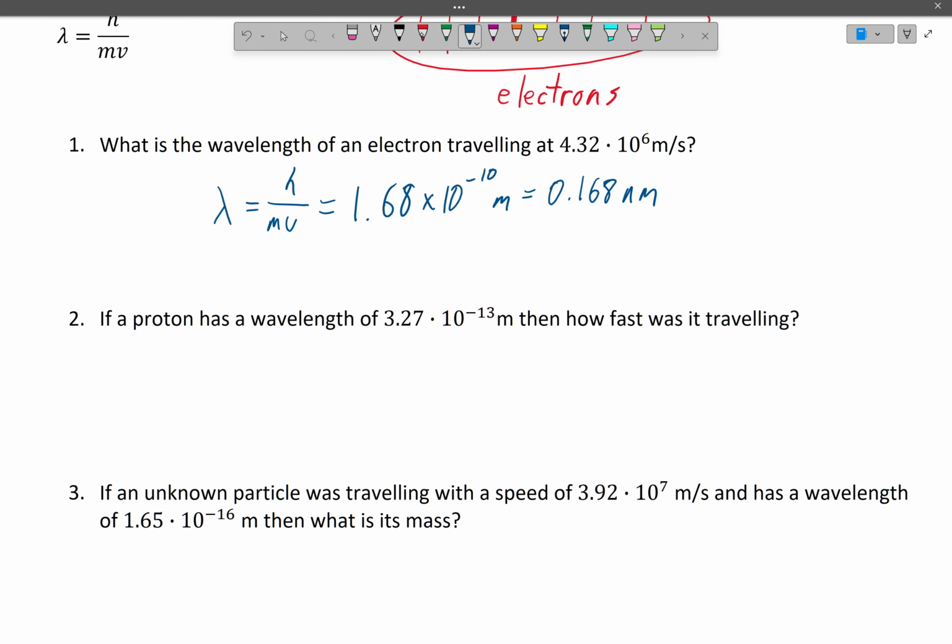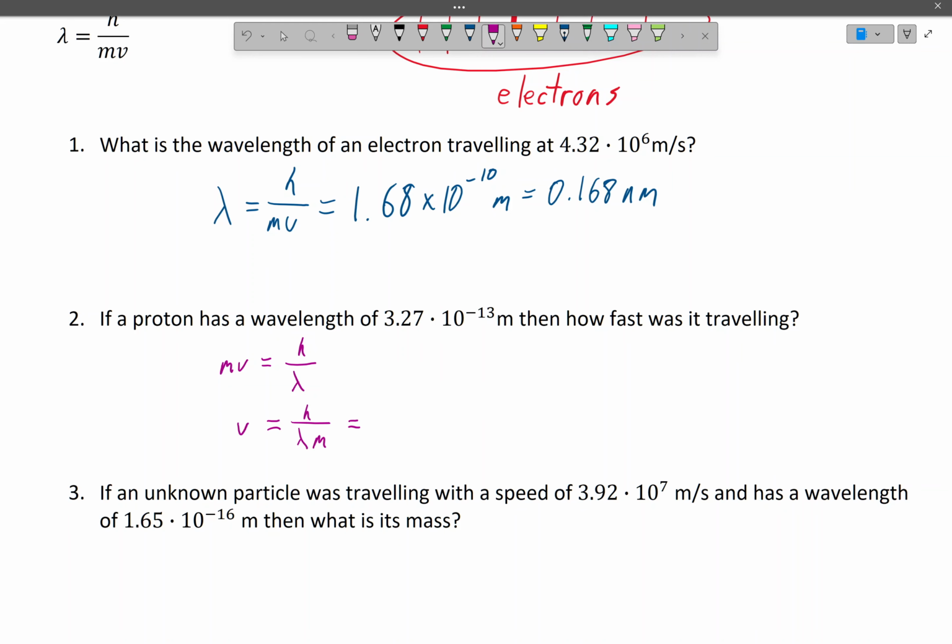Okay, here it says a proton has a wavelength of that. How fast is it traveling? So we're going to start off with our two expressions for momentum being equivalent. Then we're going to look for the speed, so we're going to rearrange that for speed.